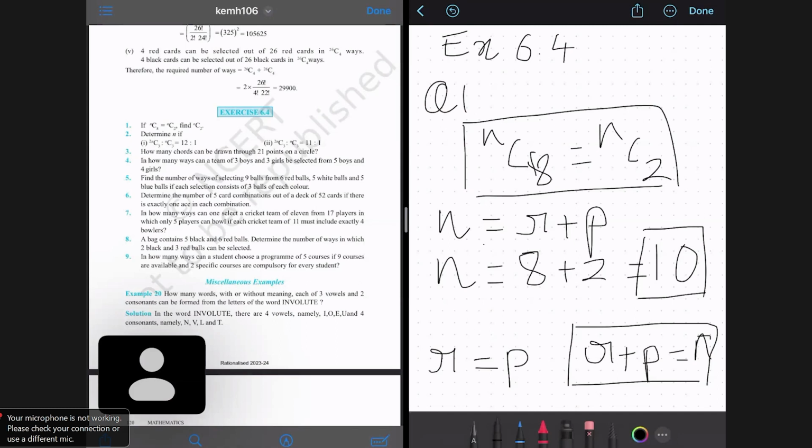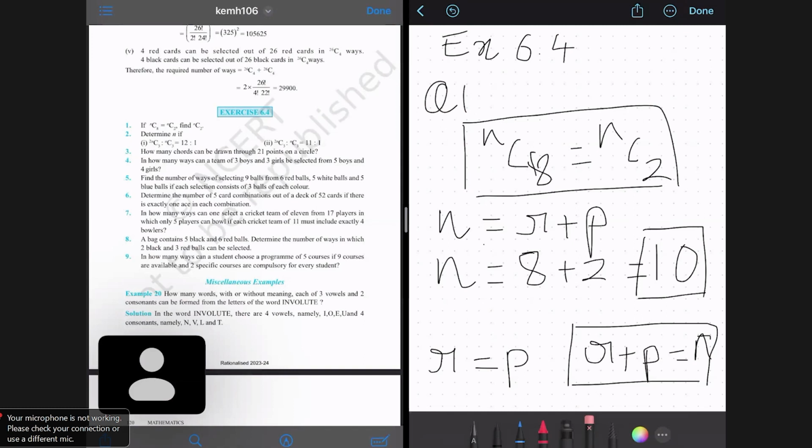Right. And after that, we have been asked to find the value of nC2. We have first figured out the value of n equal to 10, and now we need to calculate the value of nC2. So let us plug in the value of n in nC2 and calculate it.